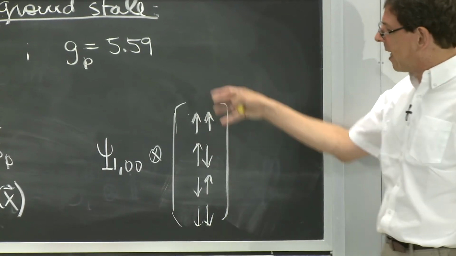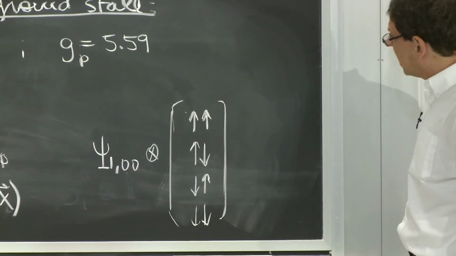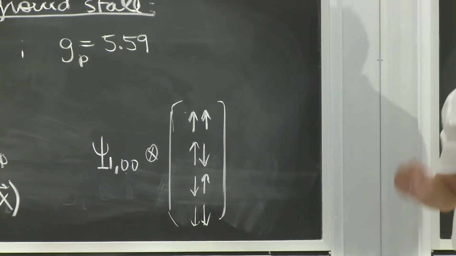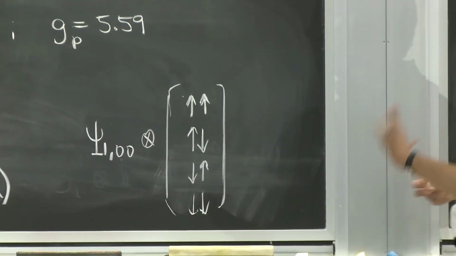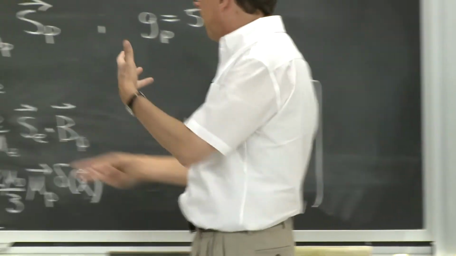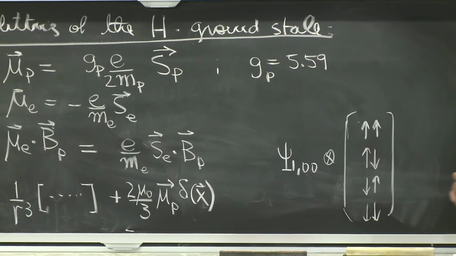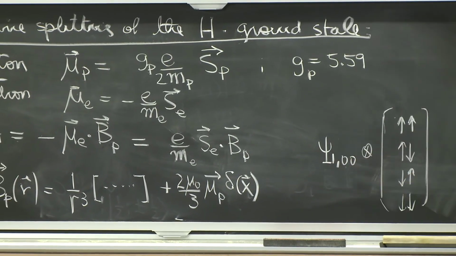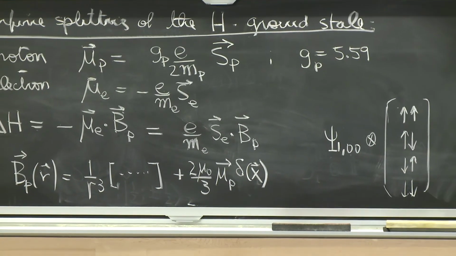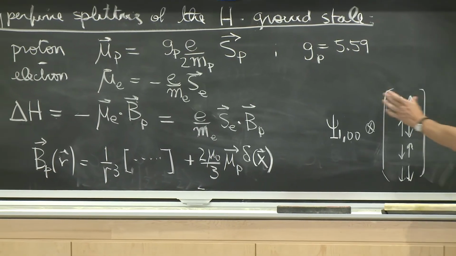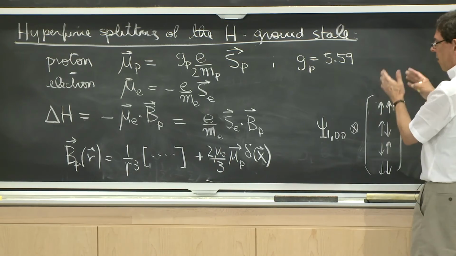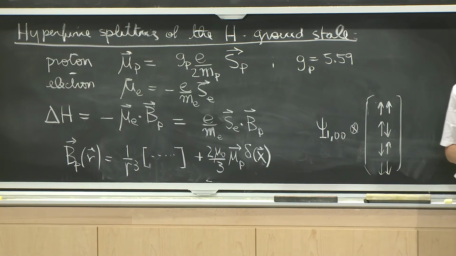So there are 4 states that have to be evaluated, have to be reorganized into eigenstates of this Hamiltonian. They all share, however, the same spatial wave function. So I could evaluate the expectation value on the spatial part first, and then worry about the spin part.